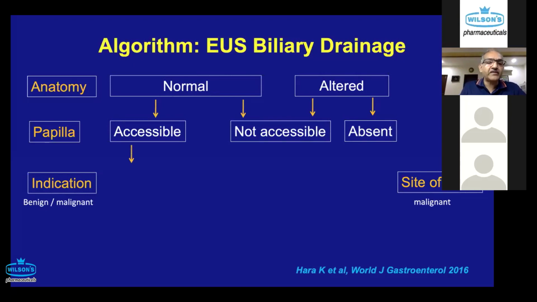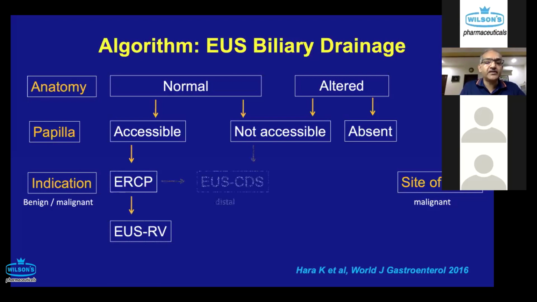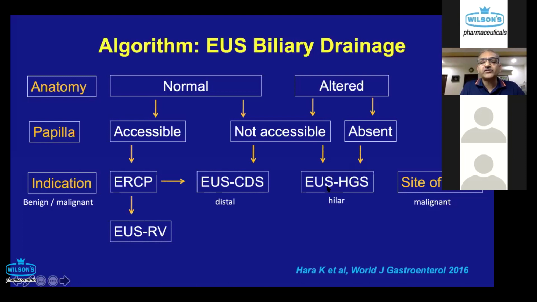So if the papilla is accessible, ERCP is our way to drain the biliary tree. But if it fails, we do EUS guided rendezvous procedure in benign disease, or we can do an EUS guided CDS, that is choledochoduodenostomy, for a distal obstruction, or an EUS guided hepaticogastrostomy when the papilla is not accessible or not possible, then we can do it for the hilar block.